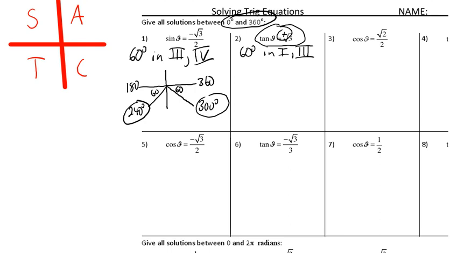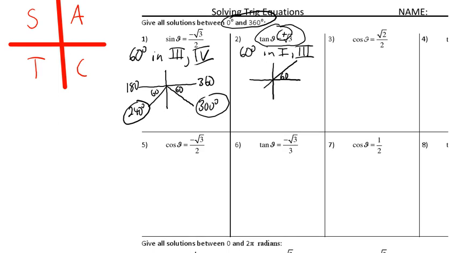All right, so I'm going to make a little sketch for myself. I could be 60 degrees above the x-axis in quadrant 1 or 60 degrees below the x-axis in quadrant 3. What's my first quadrant answer? Yeah, just 60.